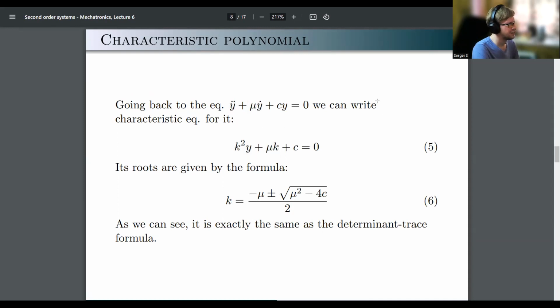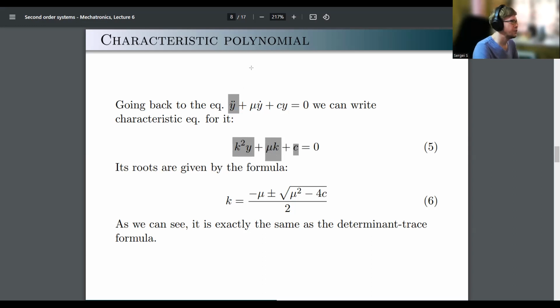Let me just double check what I did here. Okay, everything is correct. So this will be replaced by k squared y, this will be mu k, and this would be c.